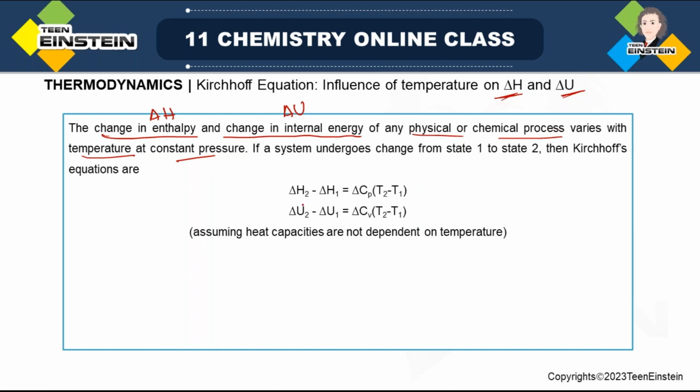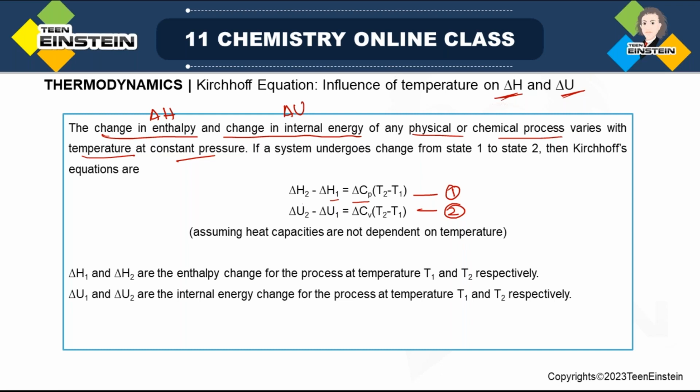So see, del H2 minus del H1, that means the enthalpy change at temperature T2 and the enthalpy change at temperature T1, the difference we have taken, that is equal to the difference in Cp value, because you will have one Cp value at temperature T1, another Cp value at temperature T2. So the difference in Cp is mentioned as del Cp. And for internal energy, we get another equation. Here we are assuming heat capacities are not dependent on temperature.